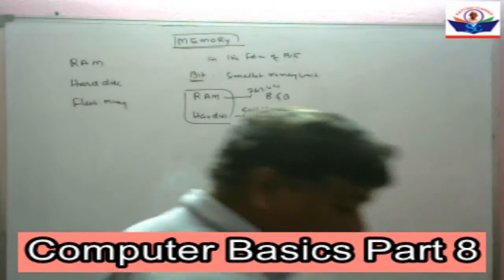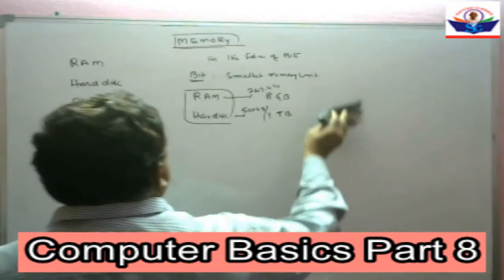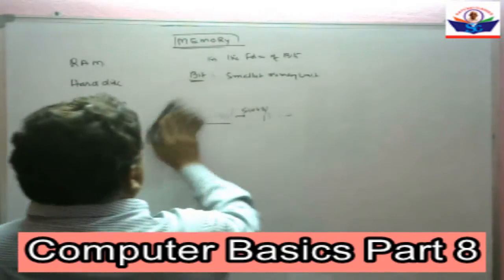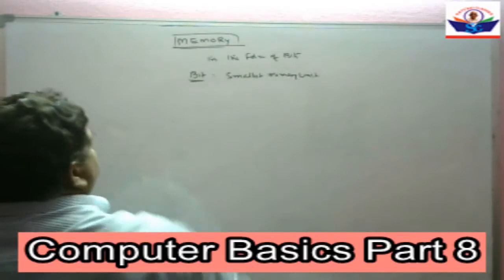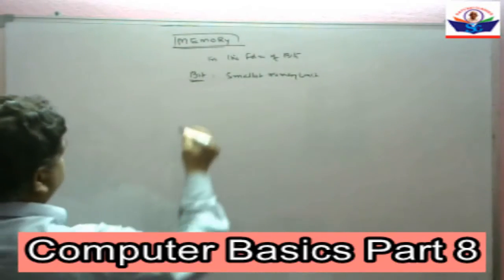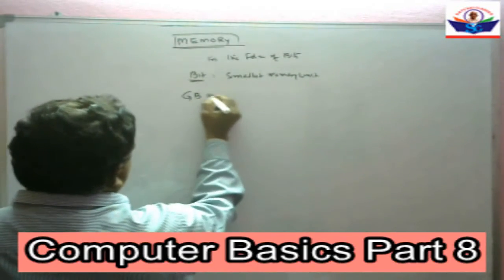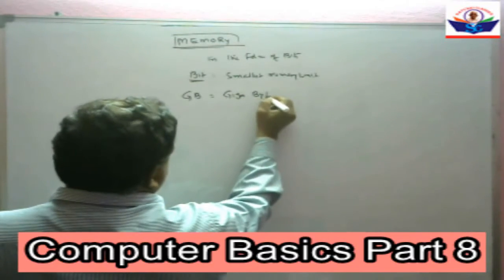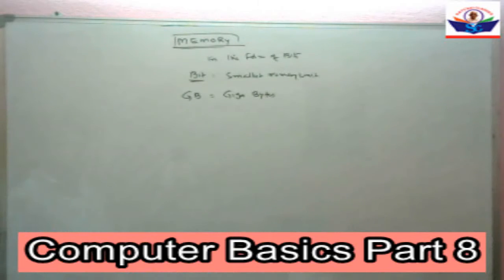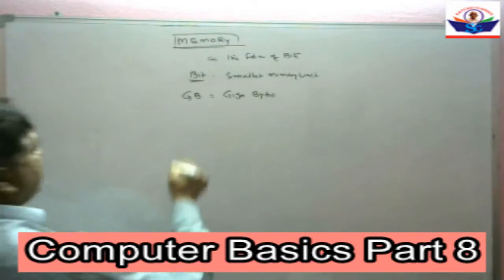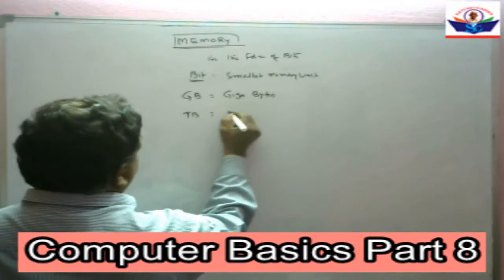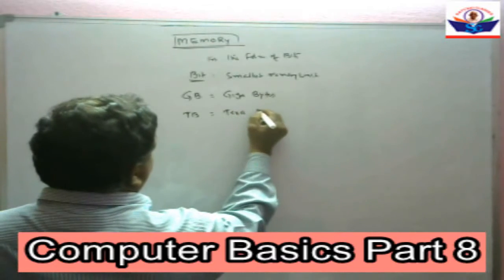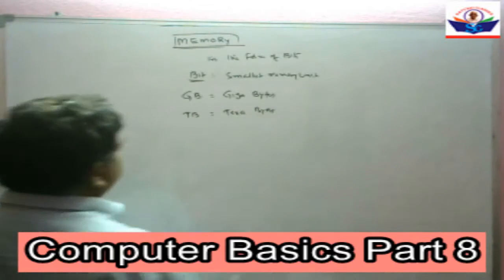What is GB here? GB stands for gigabytes, and TB stands for terabytes.